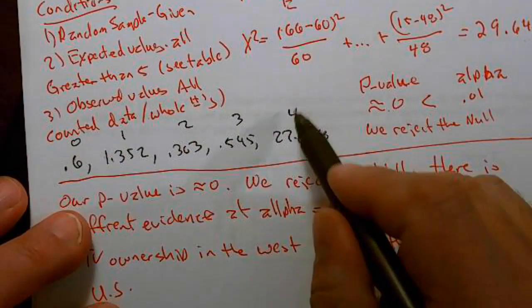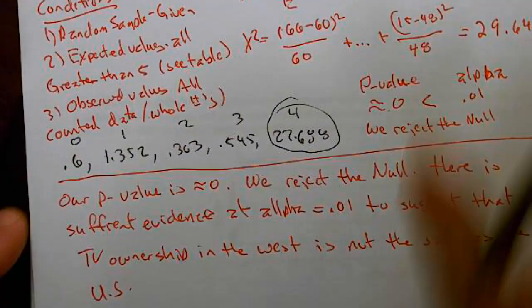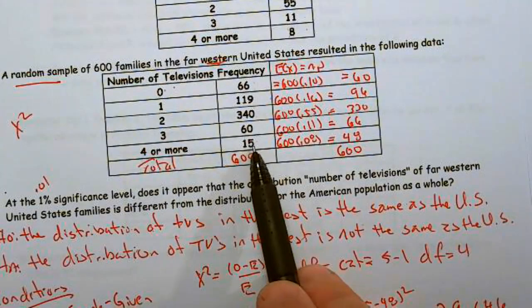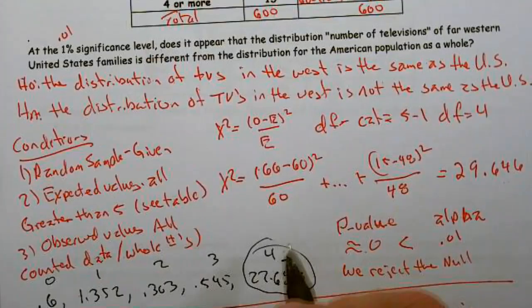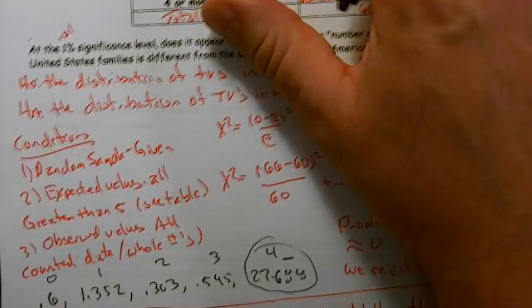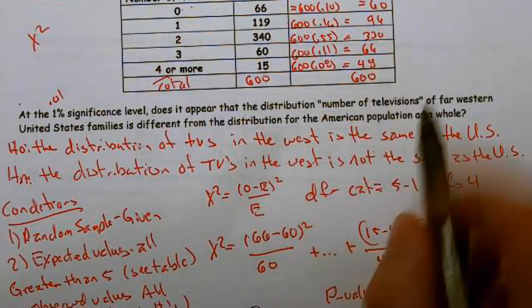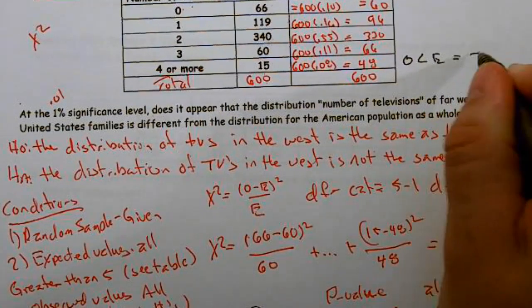So this one had the largest contribution. And our observed was less than our expected, so it was our largest and it happened to be negative, because our observed was less than what we expected. O less than E equals a negative.